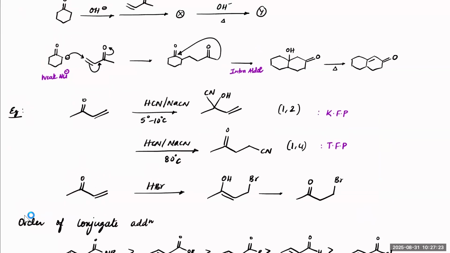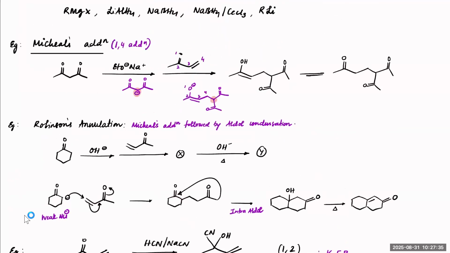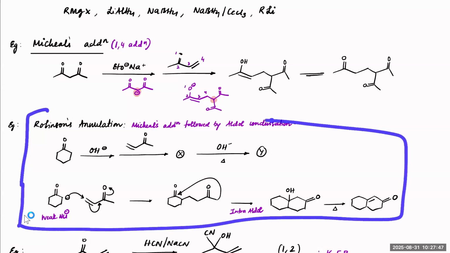For these cases, more than anything, you just need to remember when to use 1,2 and when to use 1,4. That's all. If you know that information, that is good enough. Clear? See, whatever I've discussed is more or less every case that is asked in advanced as well. But in recent times, Robinson annulation was asked in JEE Mains as well. So that's why it's better to understand this case.